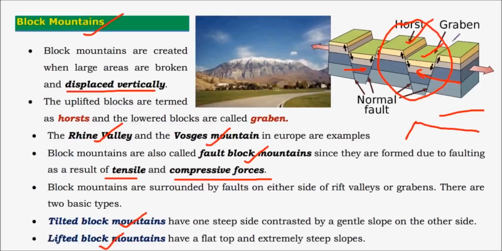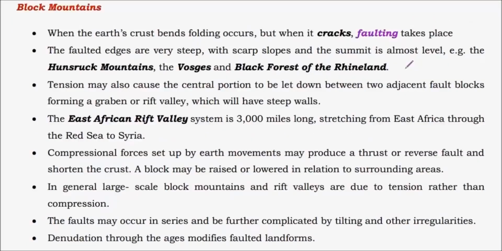We can see the Great African Rift Valley, which is formed due to this kind of mountain building process, where the parts in the valley got subsided due to the outward movement of the related Earth's crust. We'll see some more features of block mountains. We've seen that they are formed due to faulting. The examples are the Vosges and Black Forest mountains.